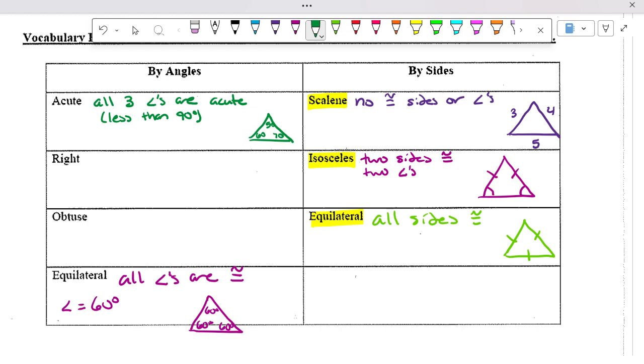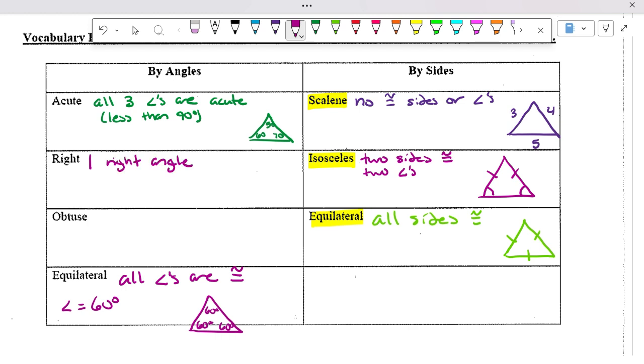Now, think about what you know about a right triangle. What makes a right triangle a right triangle? It has a 90-degree angle. How many 90-degree angles? 1. Well, 3 times 90 is 270, so it wouldn't fit the triangle sum theorem. So a right triangle has 1 right angle.